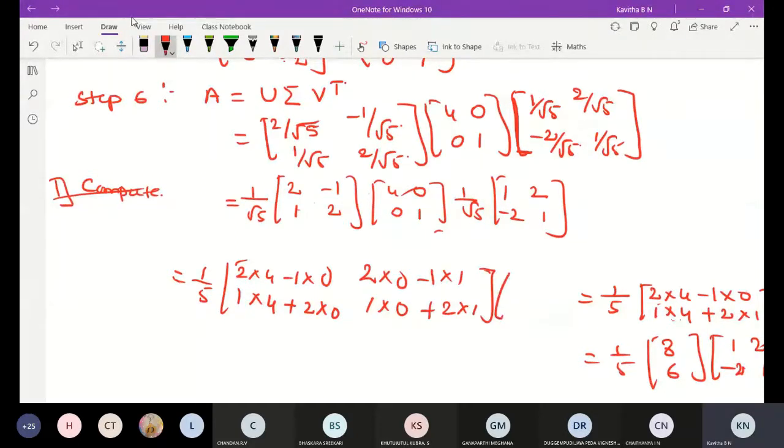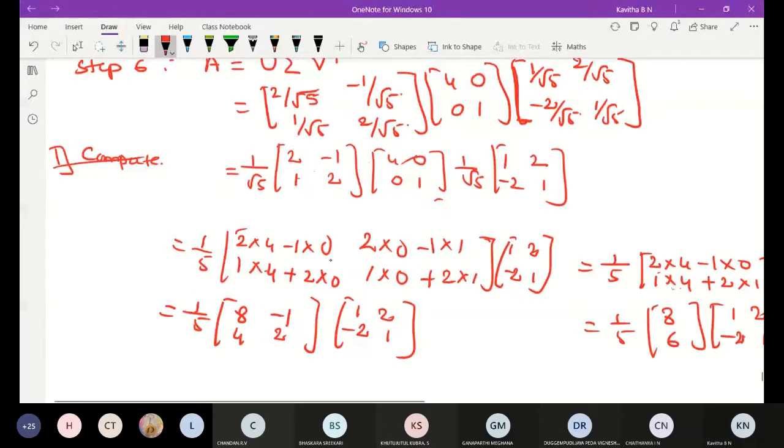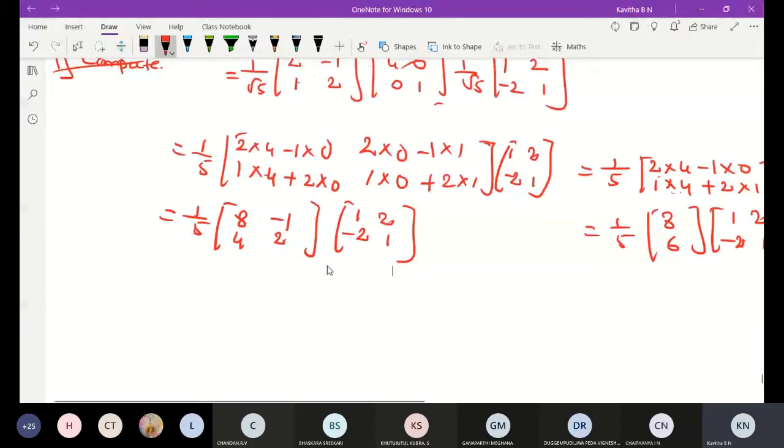Here 1 2, minus 2 and 1. Then we are getting 1 by 5, 2 4s are 8. Okay, here minus 1, so 4 means here 2. Then next is 1 2, minus 2 and 1. Okay, then multiply 1 by 5: 2 into 8 into 1, then minus 1 into minus 2.